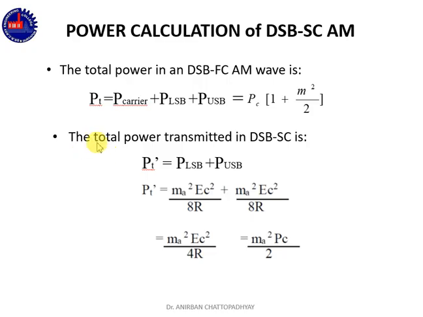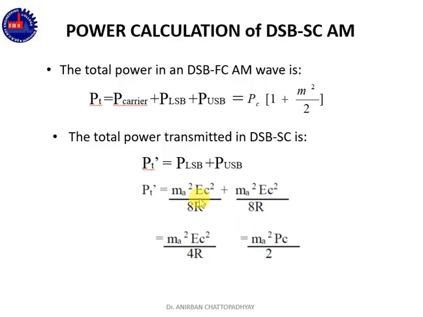Now, the total transmitted power of the DSBSC signal. To determine the total power requirement of the DSBSC signal, we know it consists of only two frequency components, that is USB and LSB. The carrier is suppressed, so there is no requirement of carrier power. So the total power of the DSBSC signal is simply the addition of the lower sideband and upper sideband power. If we add, we will get ma square Pc by 2.